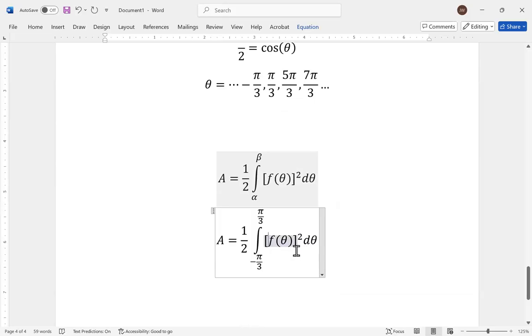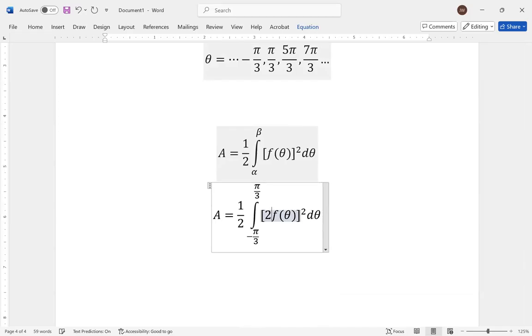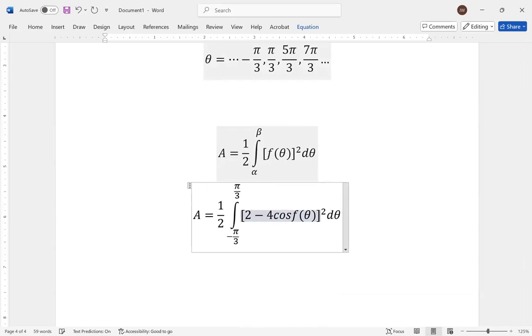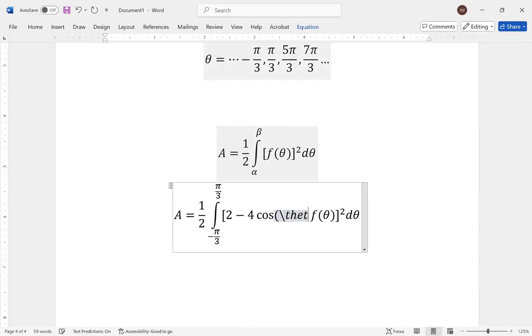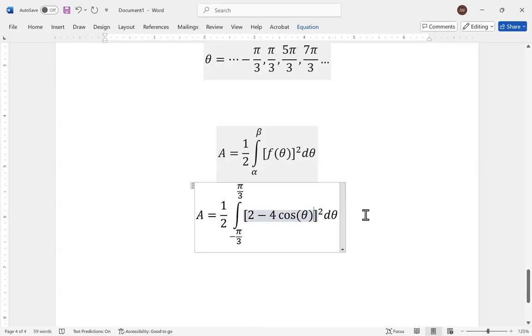And then obviously this is 2 minus 4 times cosine of theta. And this is just an input into our calculator. I haven't done this into my calculator yet, but I will.